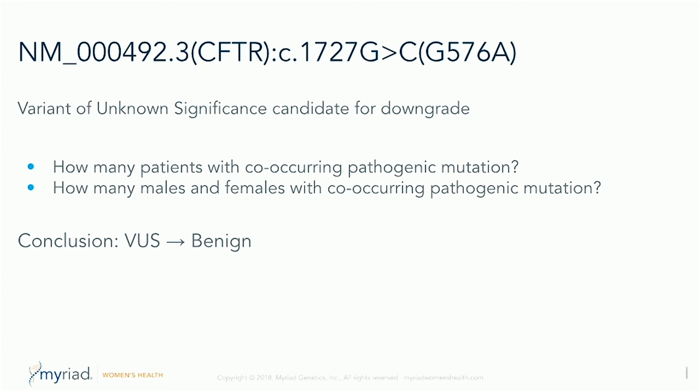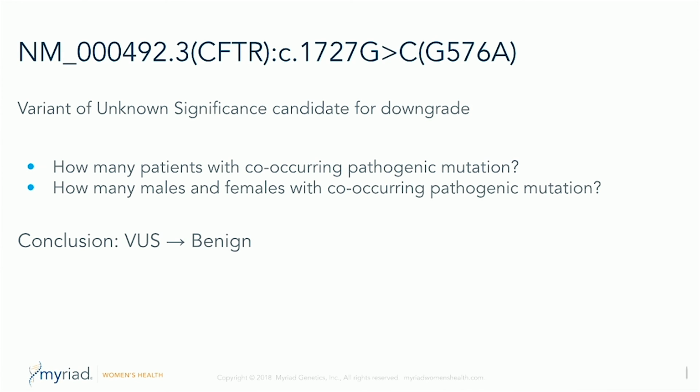These types of variants make it really difficult to counsel patients, because it's obviously better to know definitively whether a variant is benign or pathogenic. So for this particular variant, we wanted to know how many patients had this allele along with another pathogenic variant. If this allele occurs very often with another pathogenic variant, it's much less likely that it is actually pathogenic, because the fact that we have a healthy population means that these people are alive and well and they don't have cystic fibrosis.